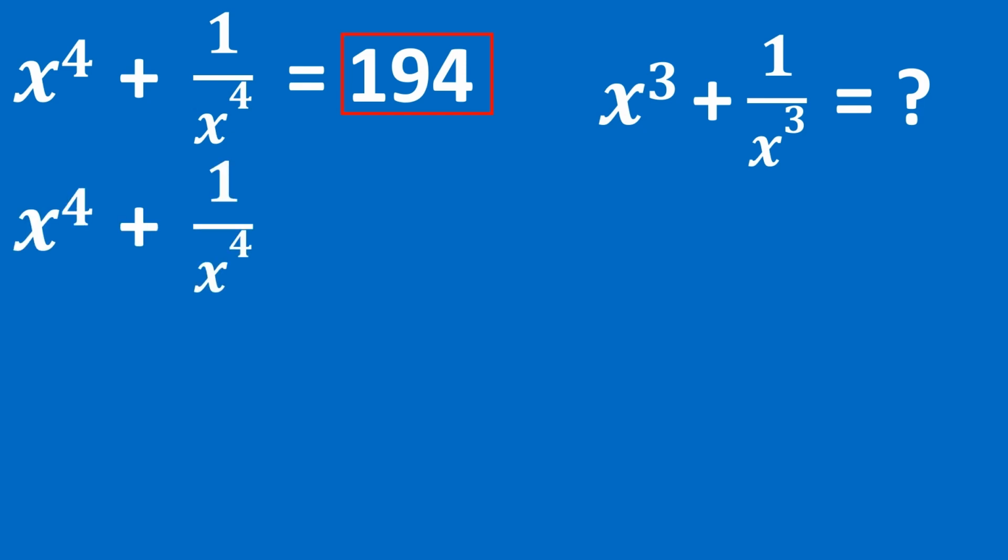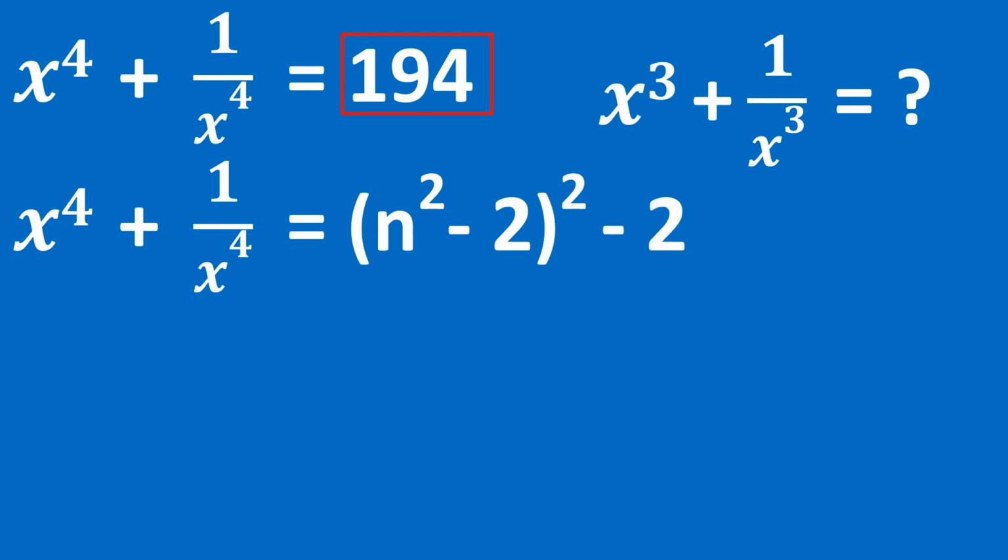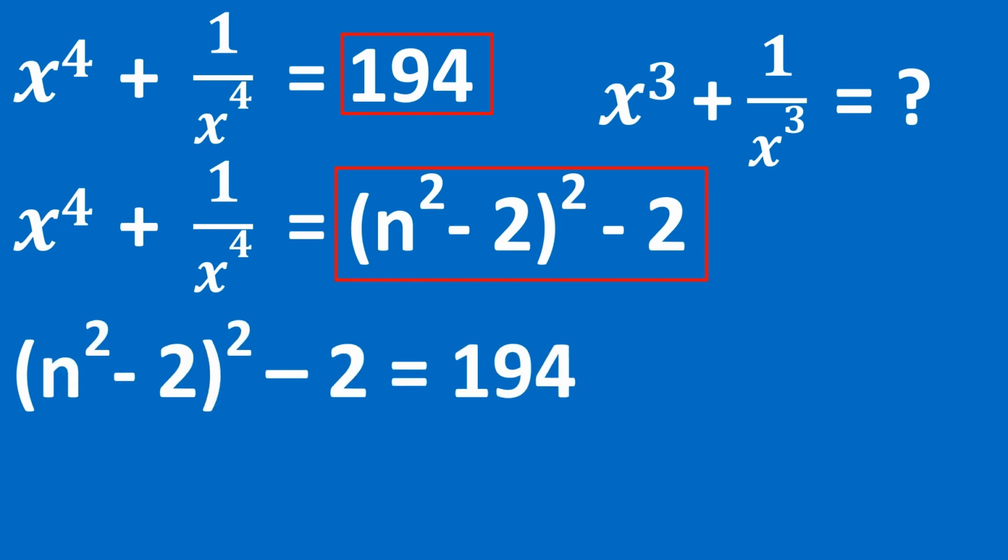So let's be reminded that we already established earlier that x raised to the power 4 plus 1 over x raised to the power 4 is equal to (n squared minus 2) all squared minus 2. And if that's the expression for x^4 plus 1 over x^4, it also means that expression is equal to 194. So we will equate it to 194, that is to say, (n squared minus 2) all squared minus 2 is equal to 194.